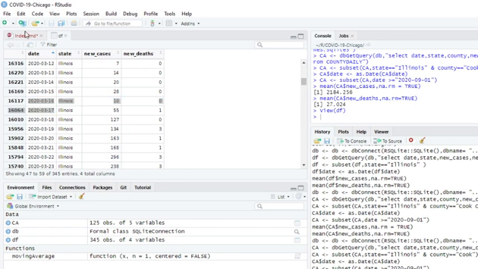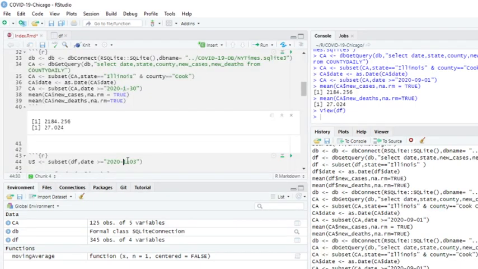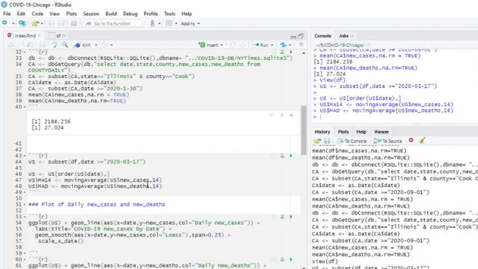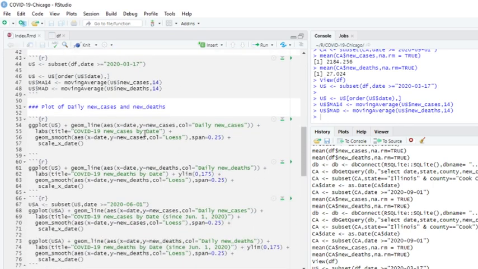First death was on 3/17. There's a 14-day moving average. Now let's do a plot of daily cases and daily deaths, or new cases and new deaths. These are for the state, I do believe.